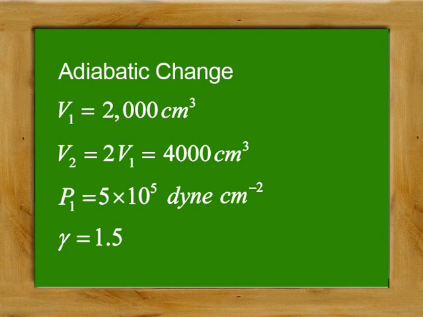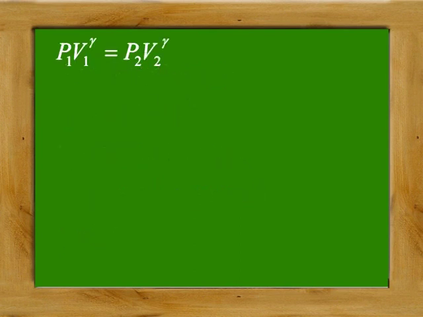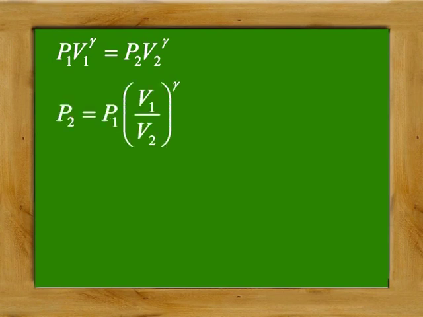Equation for an adiabatic change is P1 into V1 raised to the power gamma equal to P2 into V2 raised to the power gamma, or P2 is equal to P1 into V1 upon V2 raised to the power gamma.